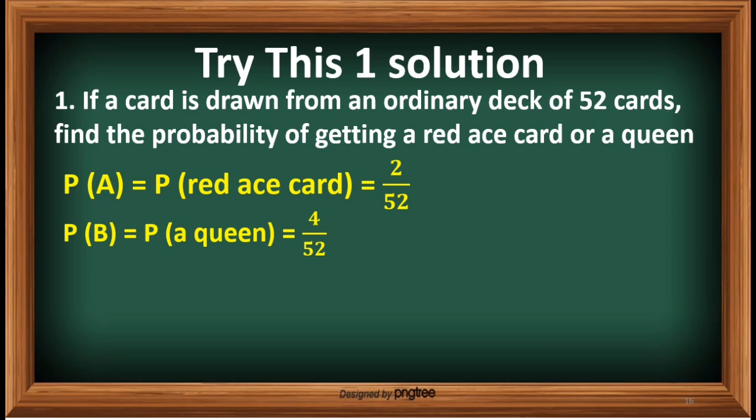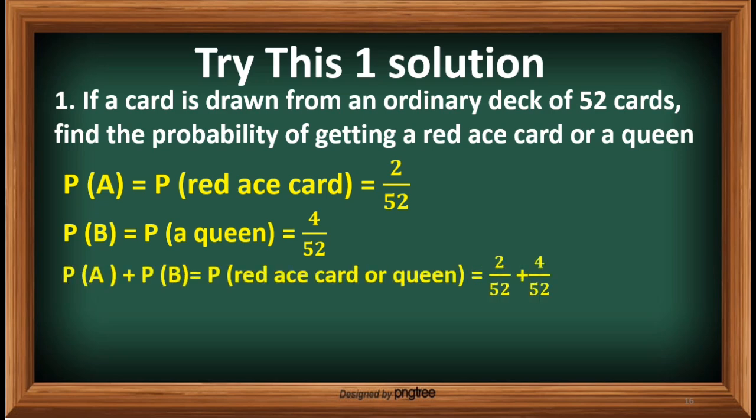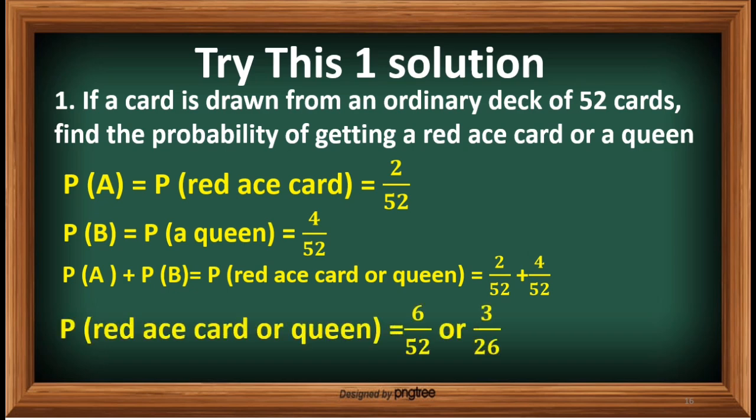The probability of B, a queen, is equal to 4/52. Then the probability of an ace card or queen is 2/52 plus 4/52, which is equal to 6/52 or 3/26.